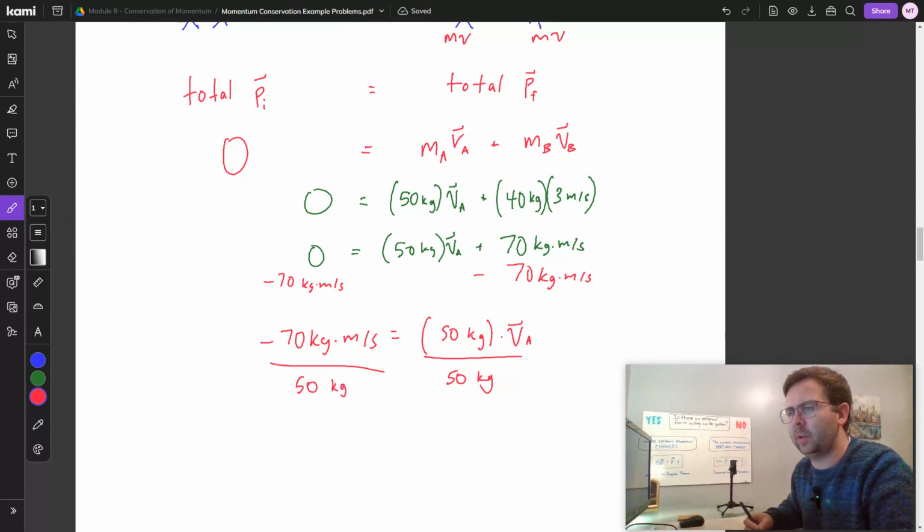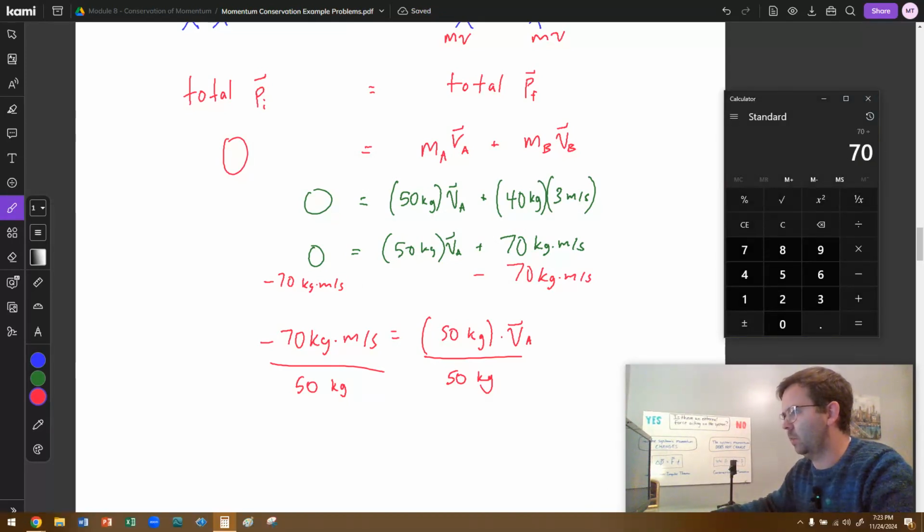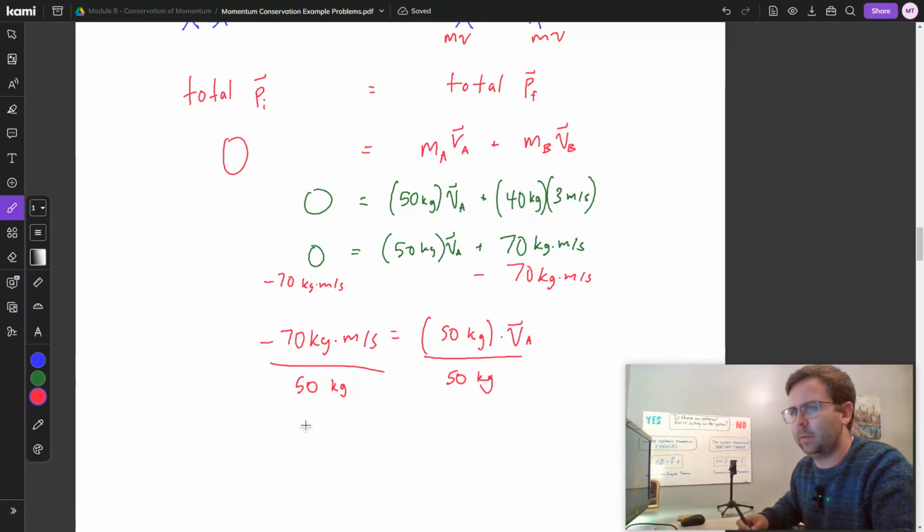Okay, so negative 120 divided by 50, I'll put that into my calculator. That's going to be negative 2.4. And if you look at the units, we have kilograms times meters per second divided by kilograms. So the kilograms cancel each other out here, and we're left with just meters per second for the velocity of Alex.